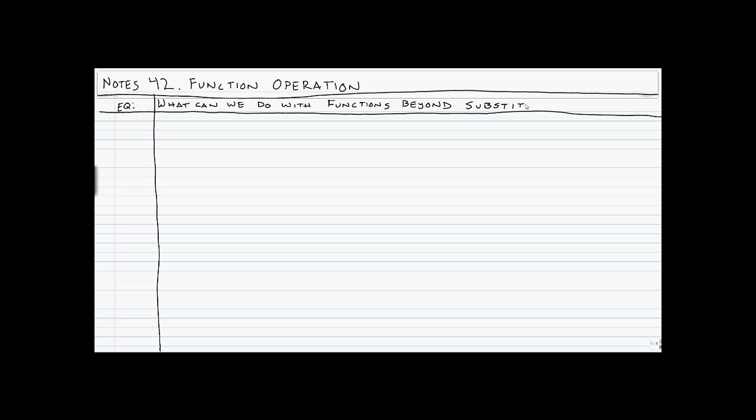That's going to be our focus question of the day: beyond substituting. That's what we want to answer, because we have some idea about functions, as you'll see in a second, but we really don't have a complete picture yet, and that's what today and tomorrow we're going to be focused on as we finish this week out.